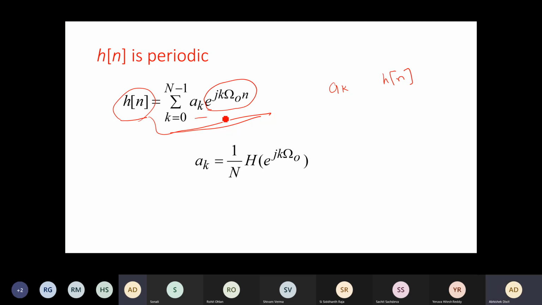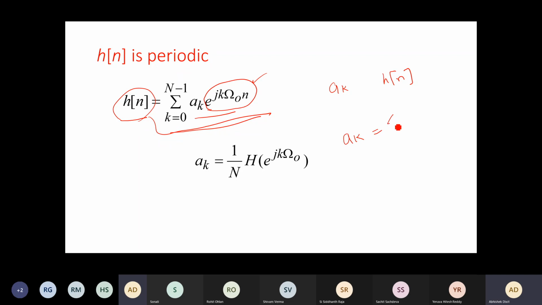This is the inner product between AKs and this, right? So what is AK? It is the projection of Hn along this direction.